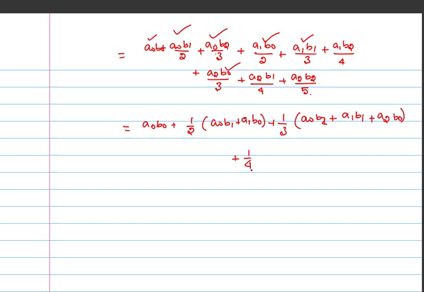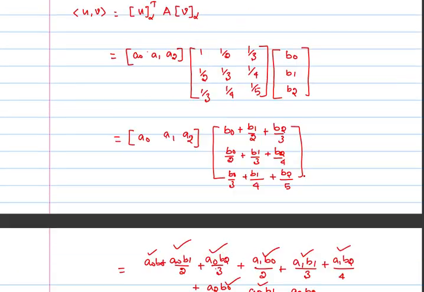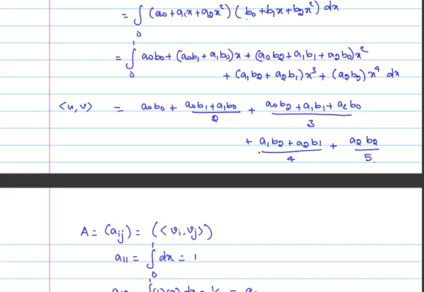Finally, 1 over 4 times A1 times B2 plus A2 times B1. Finally we write A2 times B2 divided by 5.